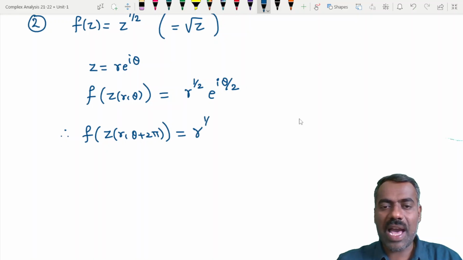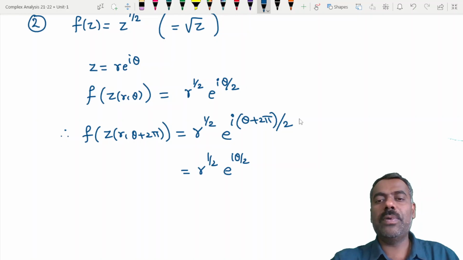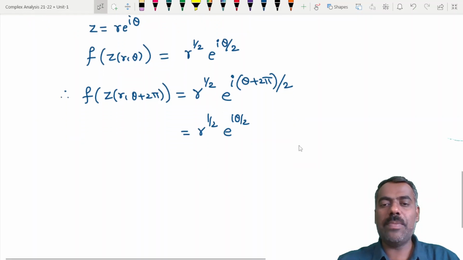This is same as, r is not changing. Then e power i, in place of theta we have theta plus 2 pi by 2, which is same as r power 1 by 2 e power i theta by 2, and e power 2 will get cancelled, e power i pi we will get.